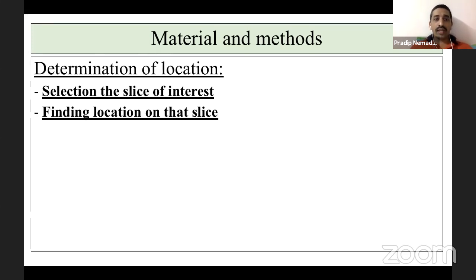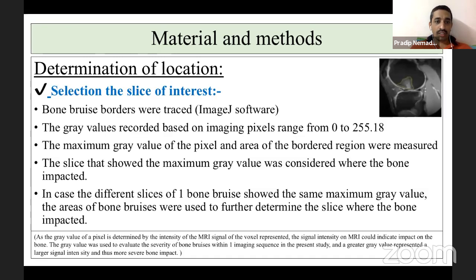They first selected the slide of interest, and then they found the location of that site, and that's how they determined the location. So how did they select the slide of interest? First they put the MRI into the imaging software, where they mapped out the area of bone bruise, and in that mapped area they could find something called the gray value, based on the imaging pixel.